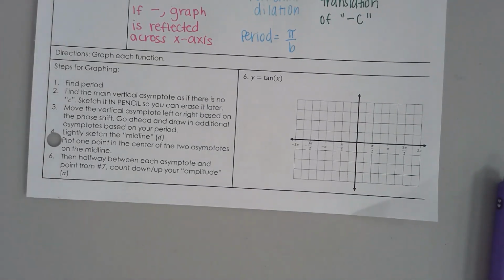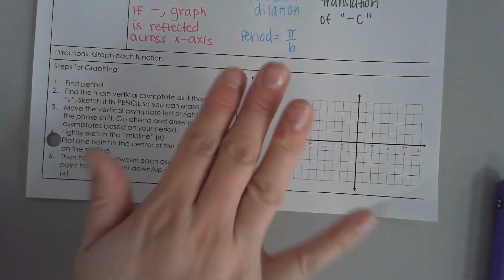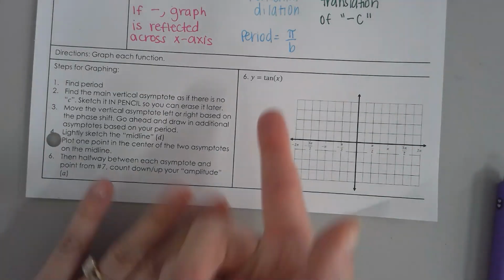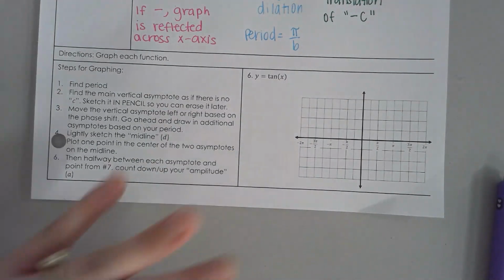So here's how it's best to graph them. You're not going to actually have to graph them. It's going to be like sine and cosine, where you would be given a graph and 4 equations to pick from. But we're still going to graph it to start out. So the first thing we're going to do is find the period. We're going to start with plain old tangent, and then we'll do some more.